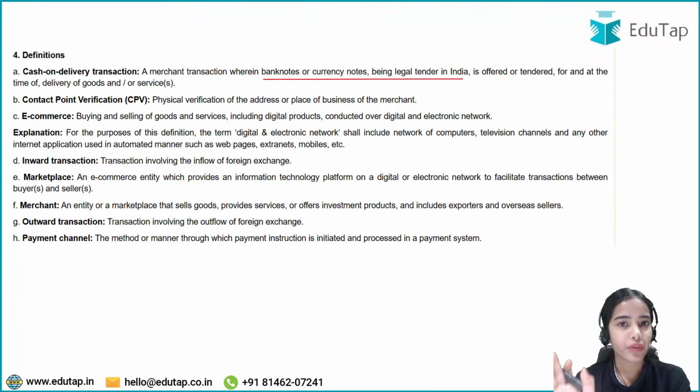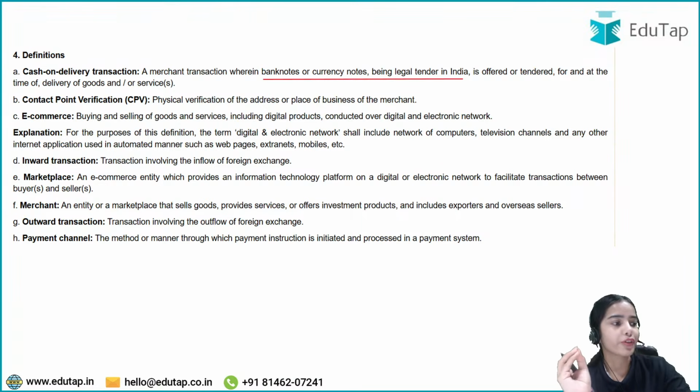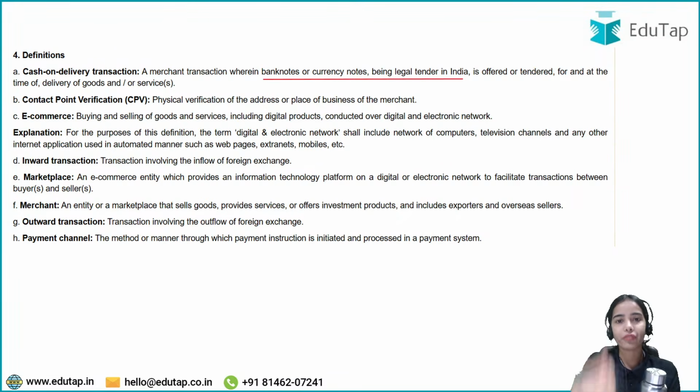Now, cash on delivery transaction. We all know what a cash on delivery transaction is. If you are ordering something from Amazon, Meesho, Flipkart, even Zomato or Blinkit, you can do a cash on delivery transaction, where when you get the product, at the same time you pay the cash to the person who is delivering the product to you.